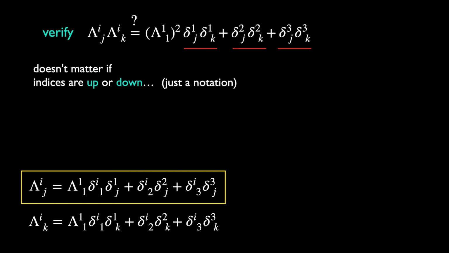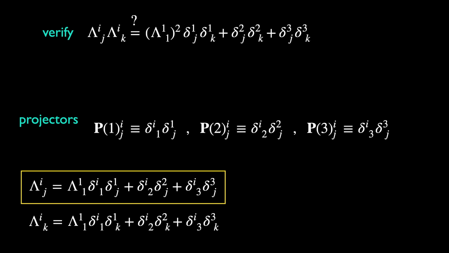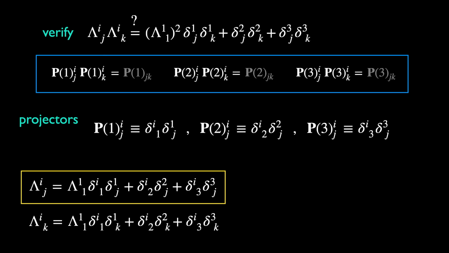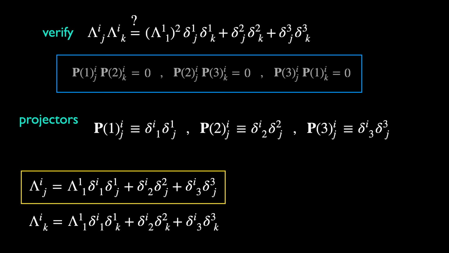As we have said earlier, these deltas are actually projectors along each spatial axis. Let's verify this. A projector acting on itself will return the same projector. A projector acting on another projector along an orthogonal axis will give 0.